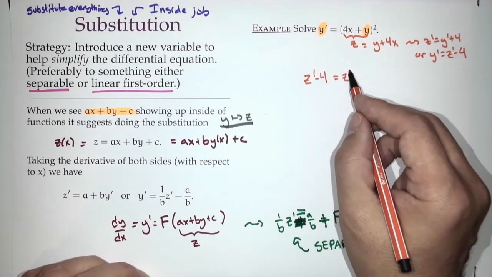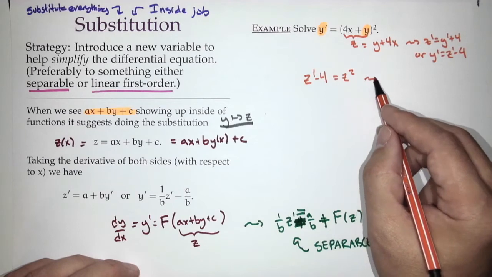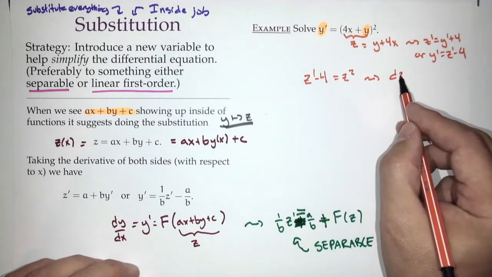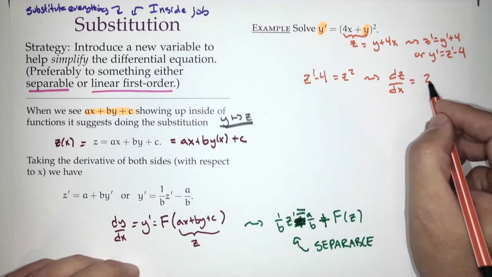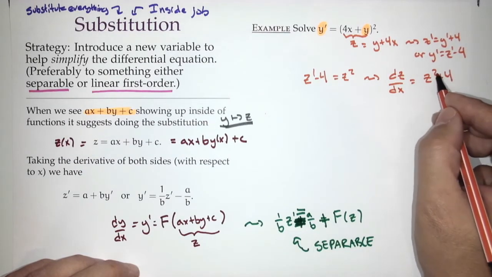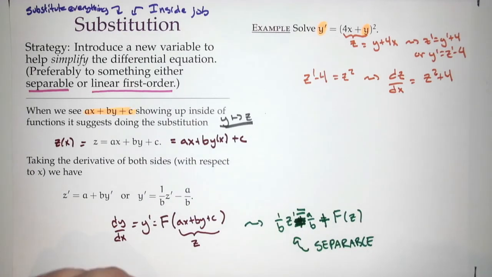All right, well, maybe we can solve this. So this becomes z prime, dz dx. Move the 4 across. Equals z squared plus 4. What happens next?